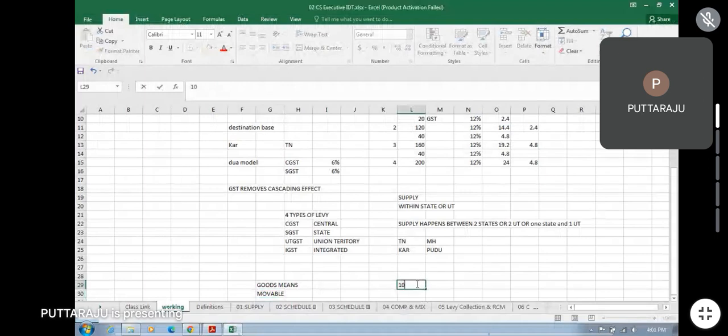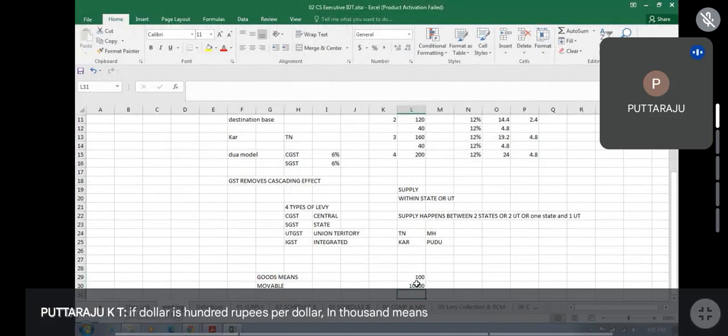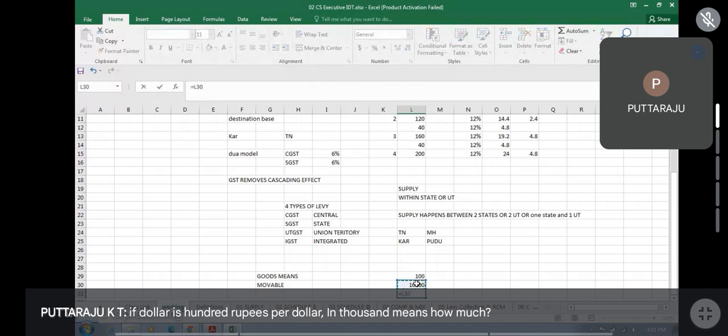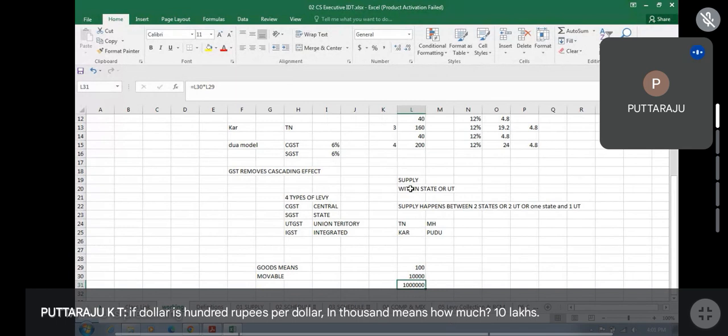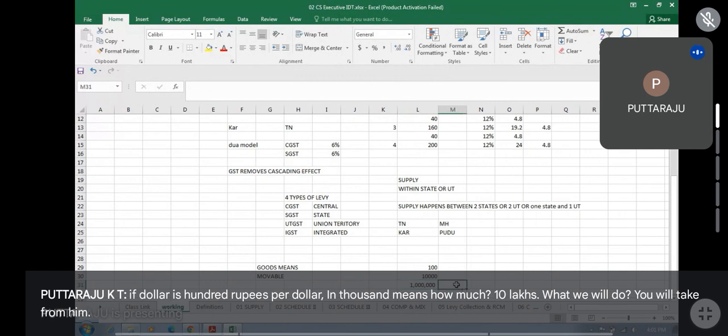If the dollar is 100 rupees per dollar, 10,000 dollars means how much? 10 lakhs. What will you do? You will take from him 10 lakhs 20,000. What is the difference?